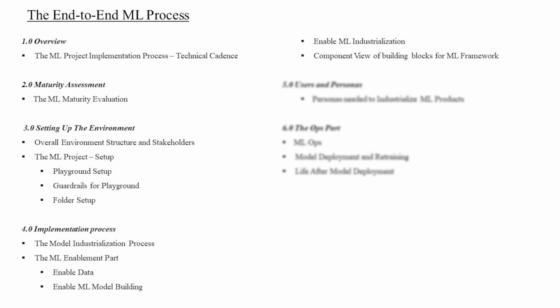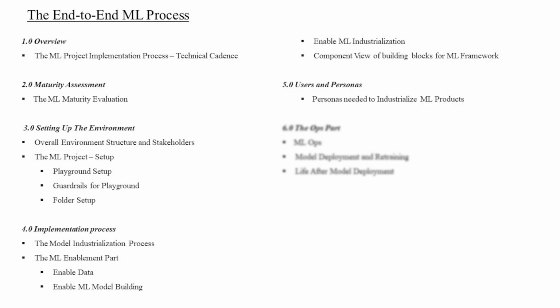We'll talk about the process, and then we'll talk about parts of it, which is that for enabling a data science or machine learning project, you need to enable the data, the building of the model itself, and the industrialization of the model itself. And then we'll talk about the component view, saying if somebody has to build this solution through technology, what are the building blocks we need?